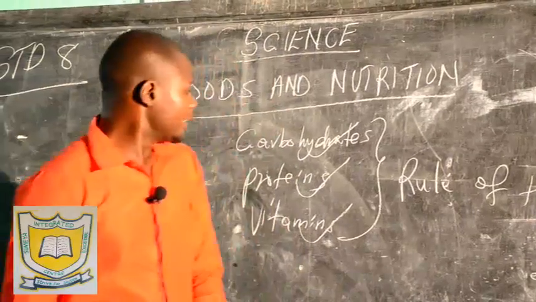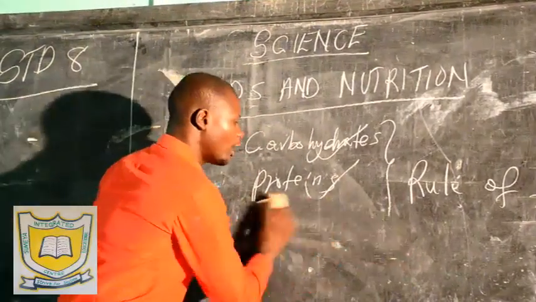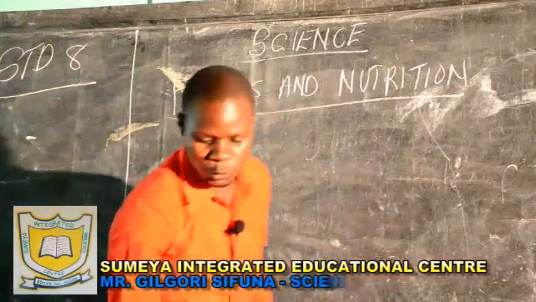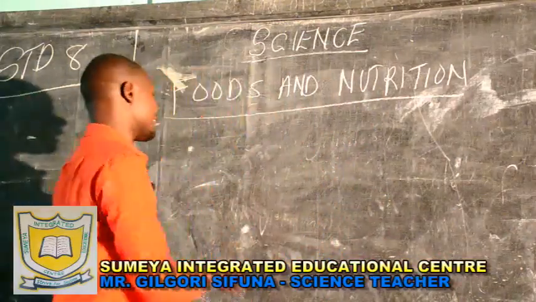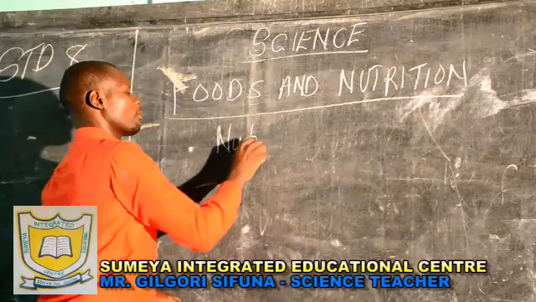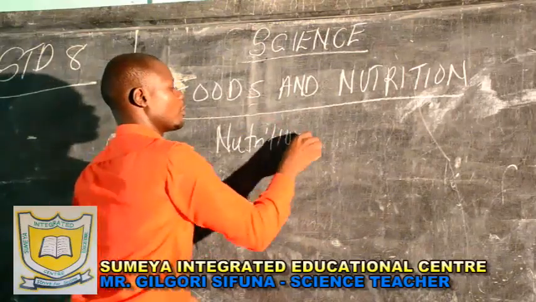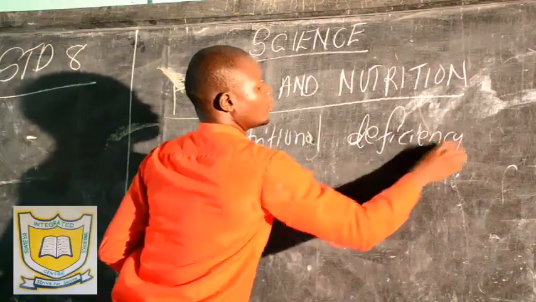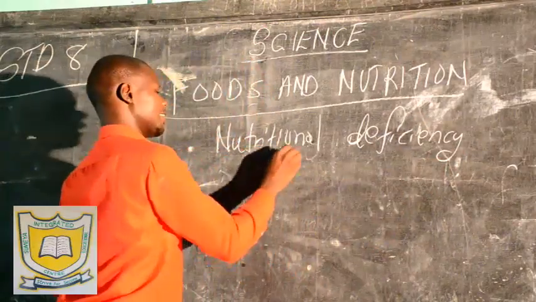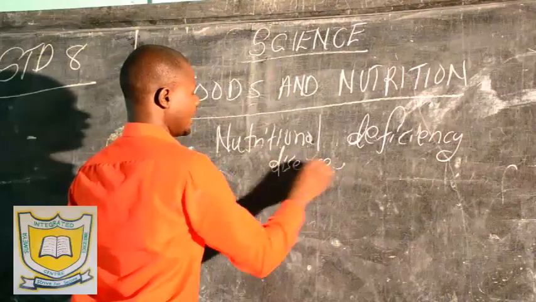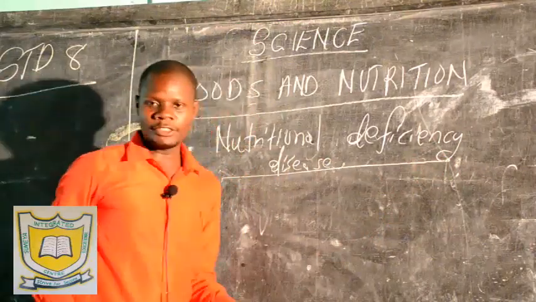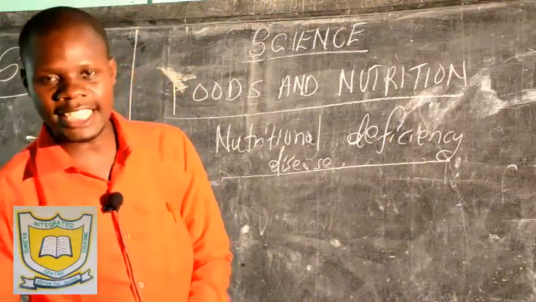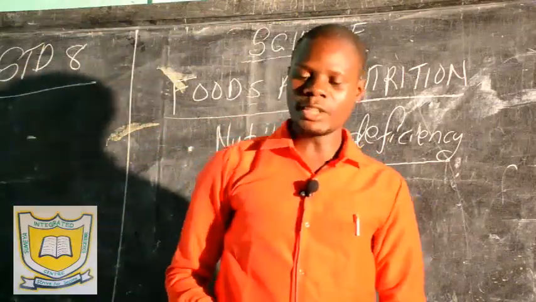Now, in grade 5 also you covered something you have to remind yourself, very important, we call nutritional deficiency diseases. You said that nutritional deficiency diseases are diseases somebody suffers from after lacking some of the important nutrients in the body.